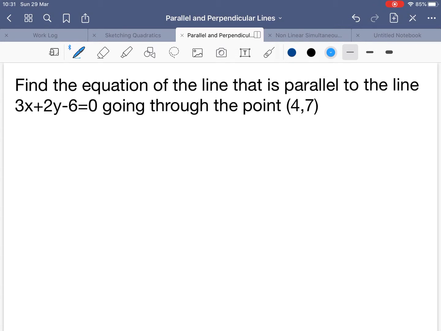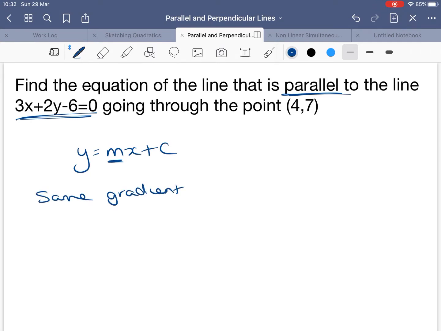So my line is going to have the equation y equals mx plus c. I need to work out what the gradient of the line is, but it's parallel to this line here. So they're going to have the same gradient, which means I need to work out what the gradient of this line is.